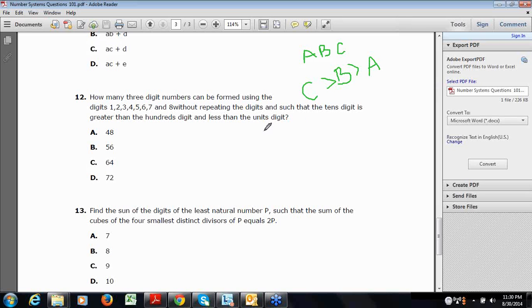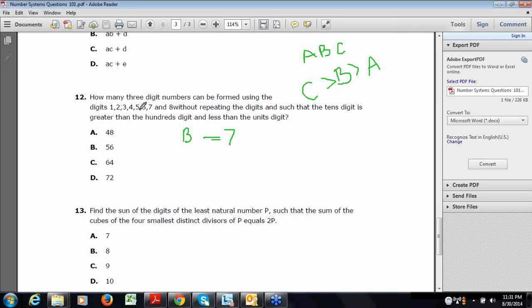So basically, C is greater than B is greater than A. Now consider a case. 10th digit B is equal to 7. B can never be 8.